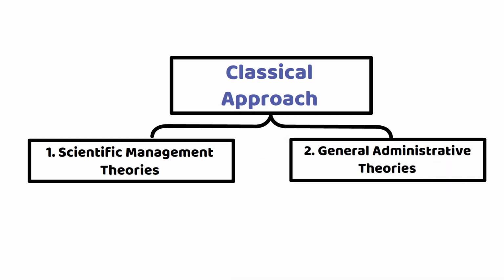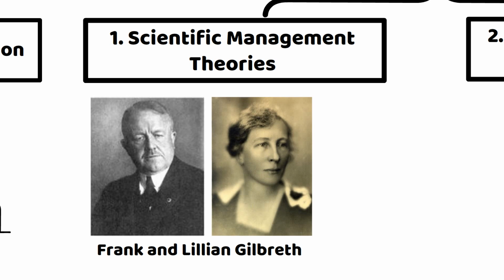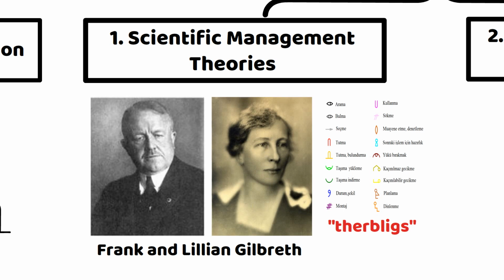Under scientific management theories first, we discussed the contribution of Frank and Lillian Gilbreth, a husband and wife team of industrial engineers who made significant contributions to the development of management theory and practice, particularly in the area of work process design and efficiency. Together, they developed the concept of Therbligs, which is the classification for 18 basic hand motions.